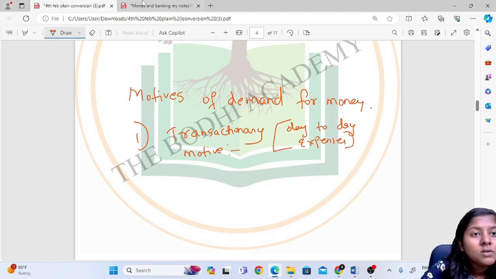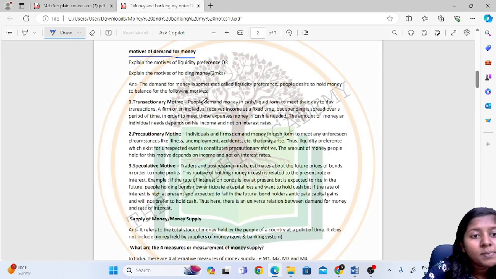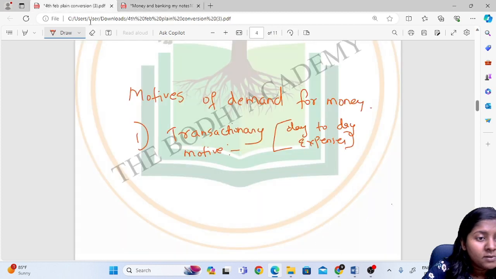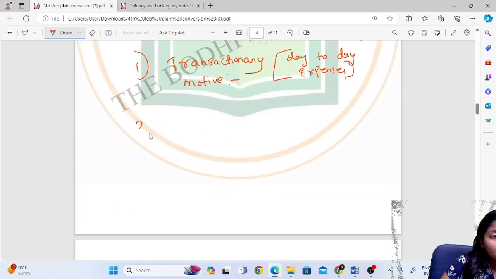People demand money in cash form to meet their day-to-day transactions. A firm or an individual receives income at a fixed time, but spending is spread over a period of time. So this is called transactionary motive. Then the next one is precautionary motive. As the word says, precautionary.